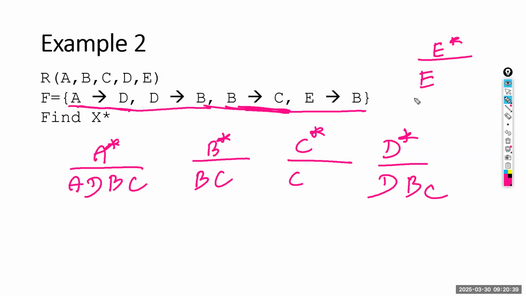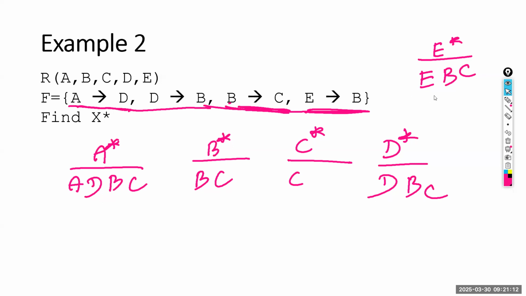By reflexivity, E determines E. Using this rule, E determines B also. And then B determines C. E determines B and B determines C means E determines C also. And C is not on the left side of anything. B is not in any other place. So therefore, that's it. So these are our X closures for this example. Okay. If we arrange it in alphabetical order, is it correct? Yeah, because this is like a set now.